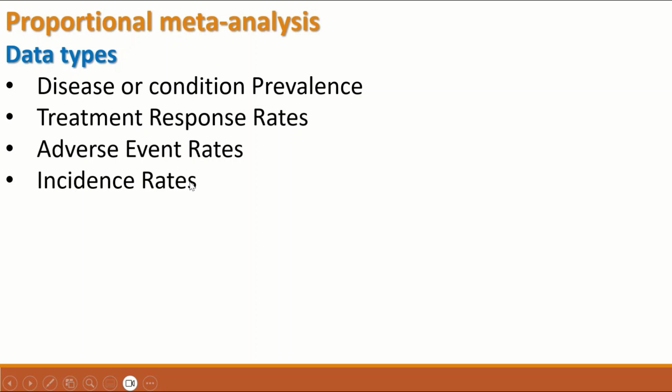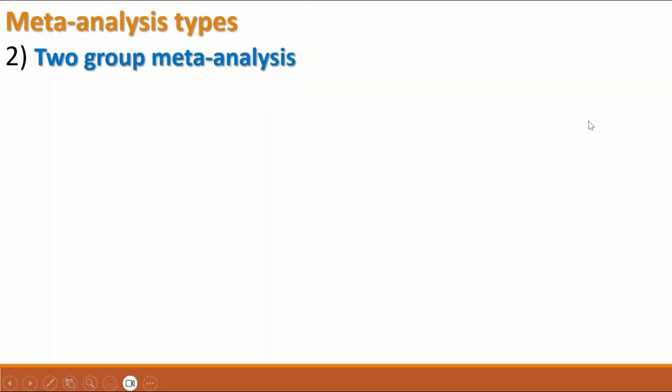So proportional meta-analysis can be performed on data extracted from multiple studies that report the outcome in either percentage or rates.